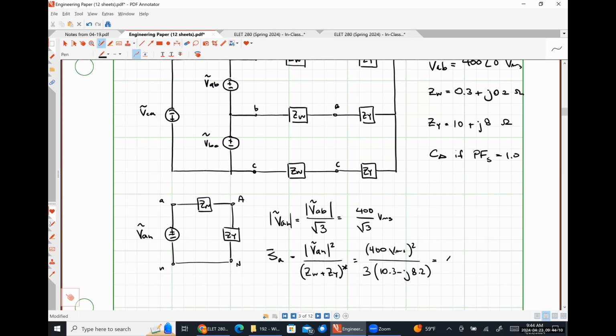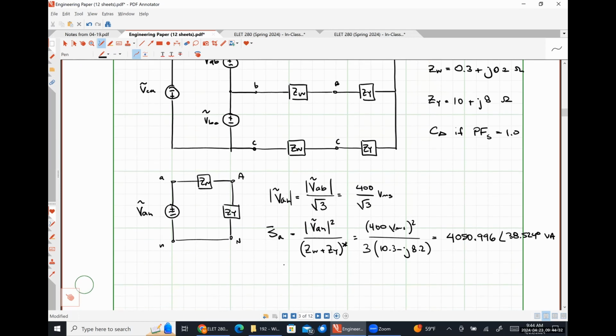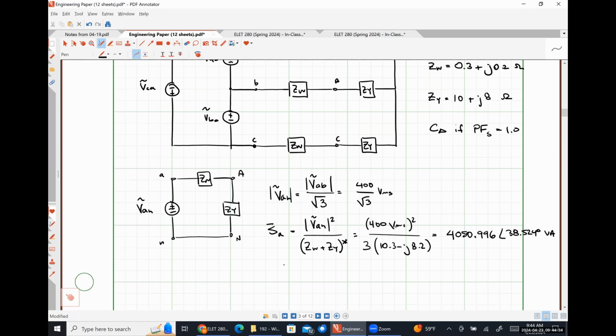I got 4050.996 with an angle of 38.524 degrees, and this would be in volt amperes. So that's the complex power absorbed by one phase.